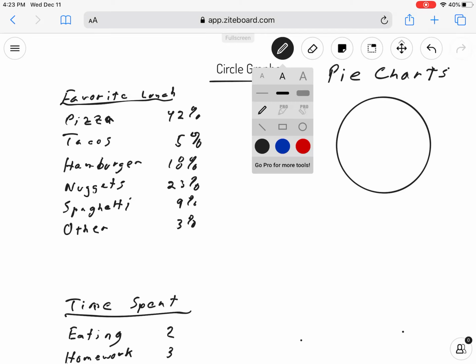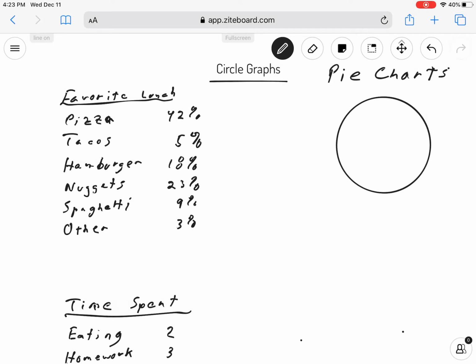Okay. So let's make some sections to look like our percentages. So, for example, the nuggets, this says 23%, which is just a tad under the quarter.